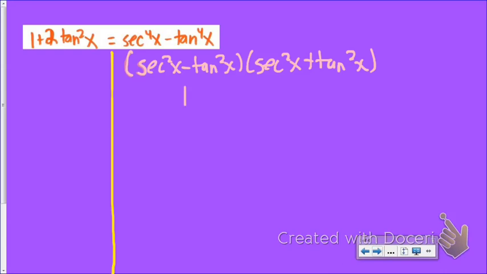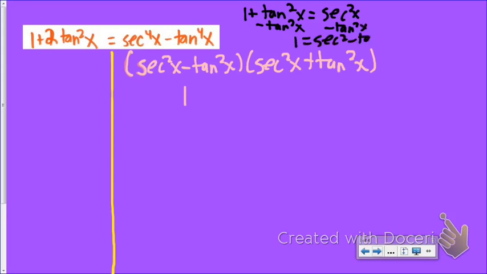And again, if you have trouble seeing that, let's write that over here. I know that 1 plus tangent squared is equal to secant squared. So if I rearrange this, if I subtract tangent squared from both sides, then 1 is equal to secant squared minus tangent squared. So that whole left side just changes into 1.